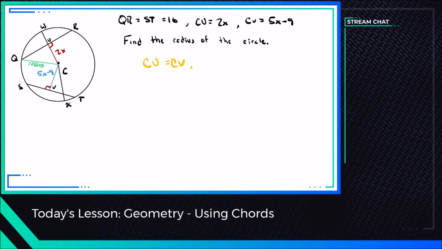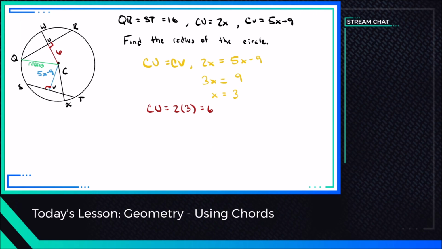So that 2x is equal to the 5x minus 9, or 3x is equal to 9, or x is equal to 3. And substituting in, we get that CU is equal to 2x, which is 2 times 3, or 6. So why don't we replace this here with a 6?